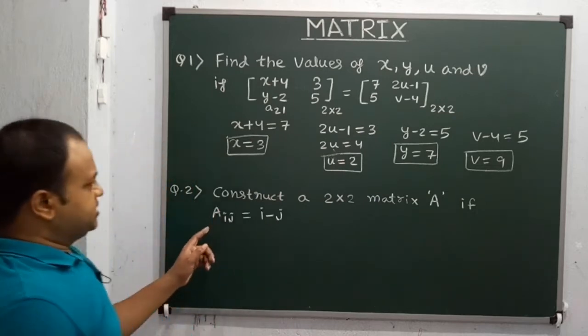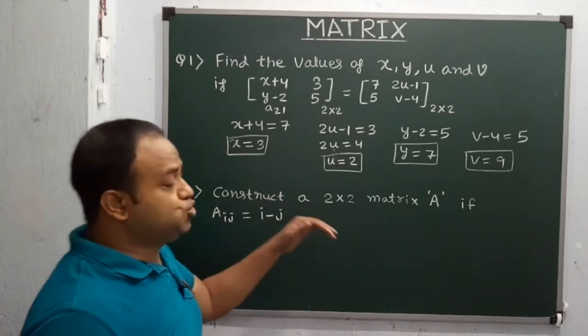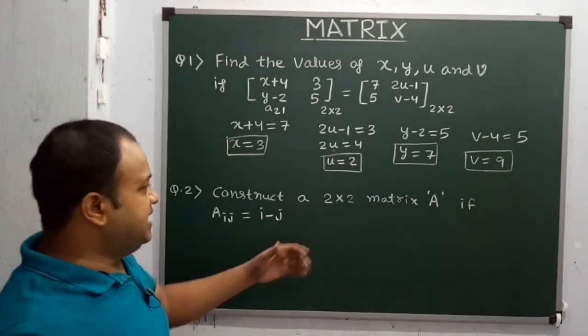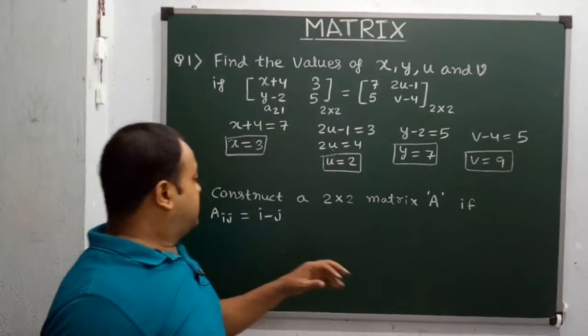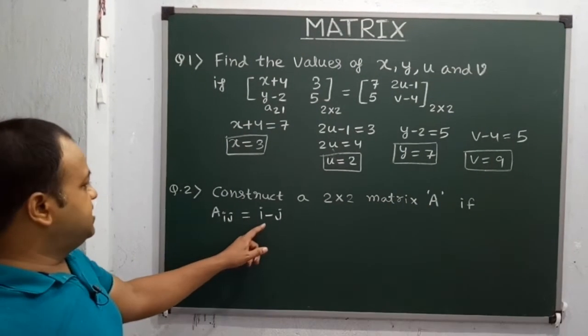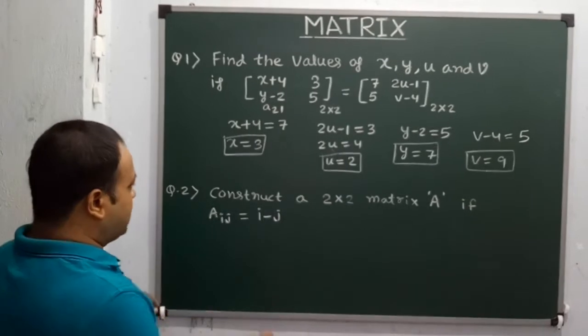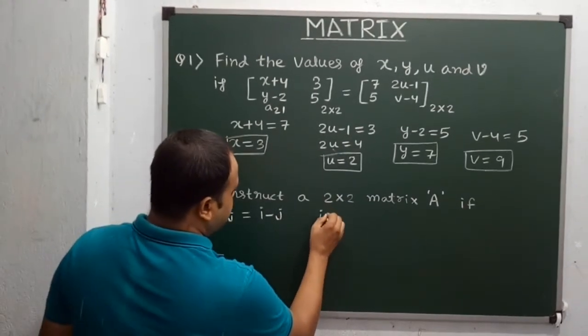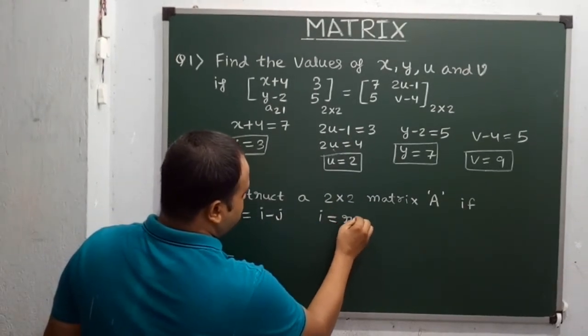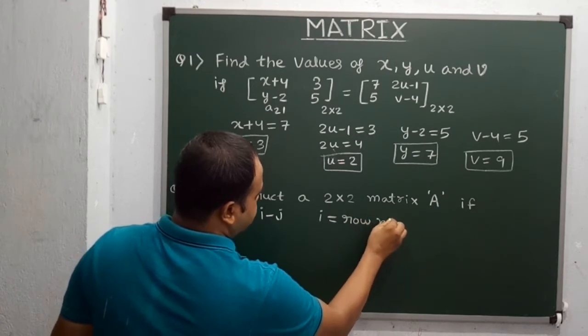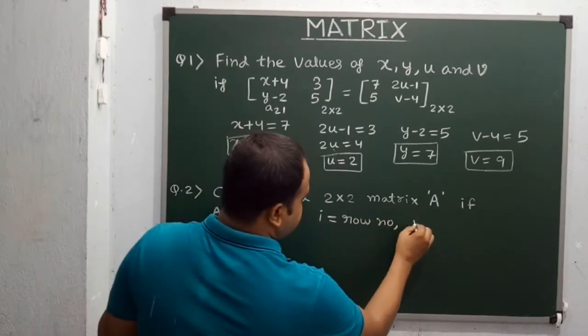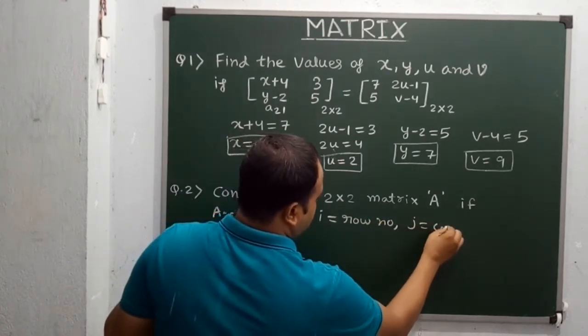Well, in the second question, it is given that you have to construct a 2 into 2 matrix A. The name of the matrix is A, if Aij is i minus j. Now, what is i here? I had told you, i means row number and j is the column number.